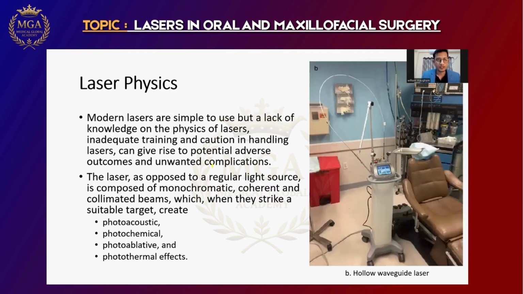Let's discuss the laser physics briefly. Modern lasers are simple to use but lack a knowledge of the physics of laser. Inadequate training and caution in handling lasers can give rise to potential adverse outcomes and unwanted complications.